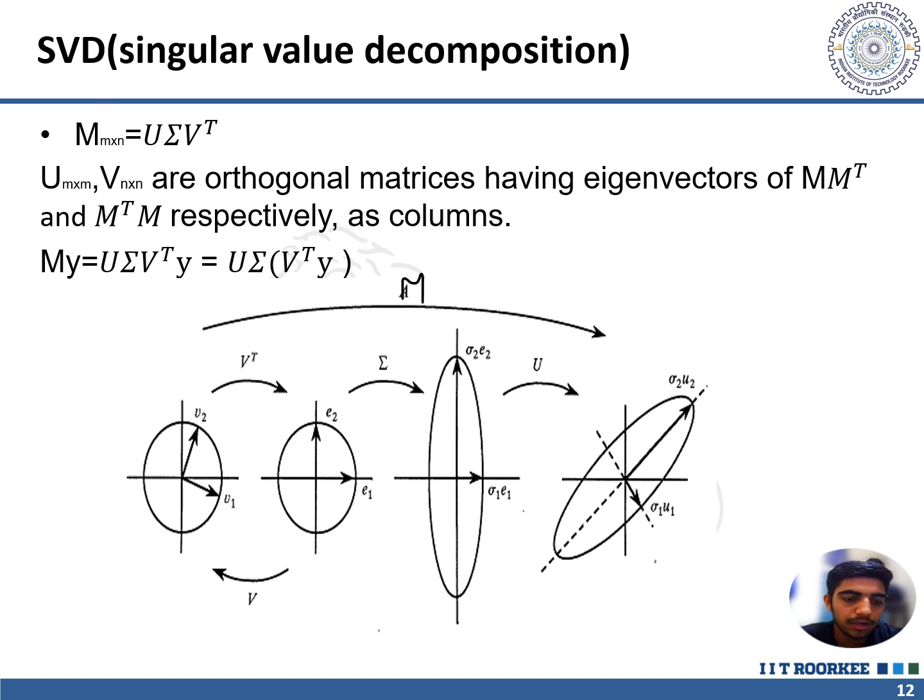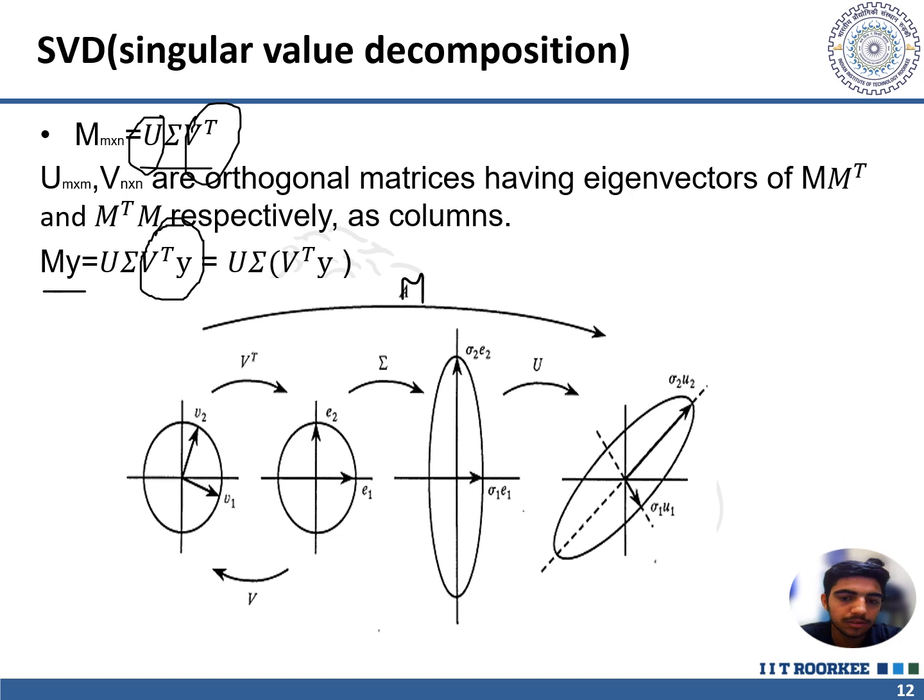We decompose our matrix into three matrices, where U and V are orthogonal matrices containing the eigenvectors of M M transpose and M transpose M as their columns. If we multiply a vector by matrix M, it first goes through the matrix V transpose.